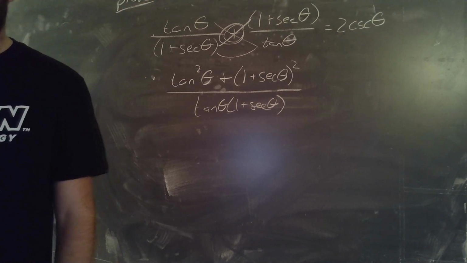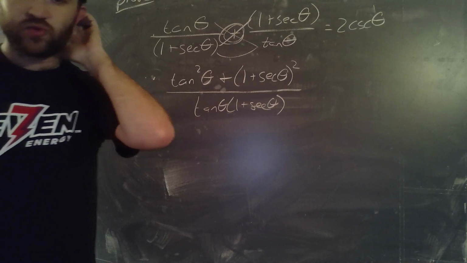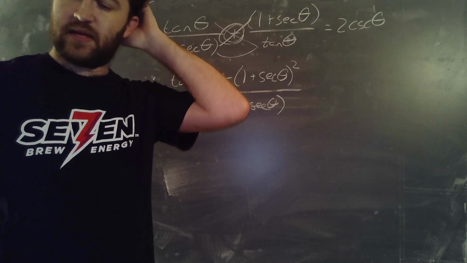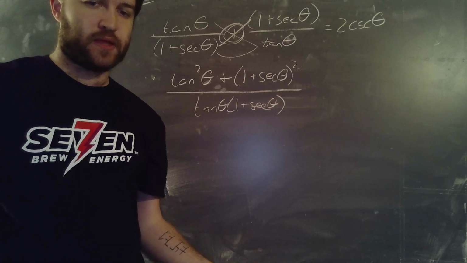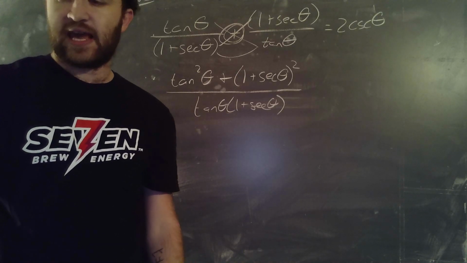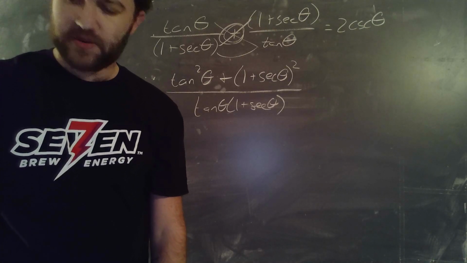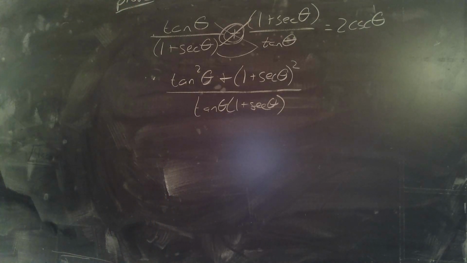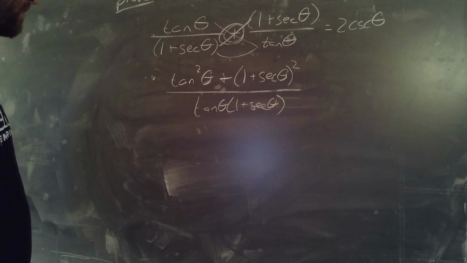And I know that a lot of you are going to be conditioned to attempt to distribute, and I would strongly caution you not to do that. Okay. In some of these cases, we need to make cancellations with things on the top and things on the bottom. And we can't very well do that if we distribute, because we may not be able to see the cancellations that need to be made. So I can immediately notice something.